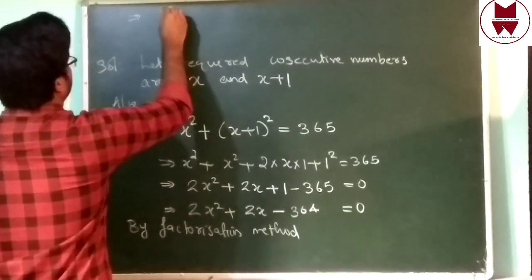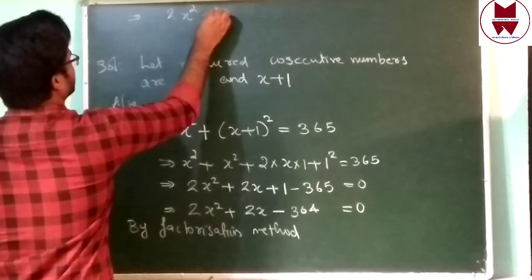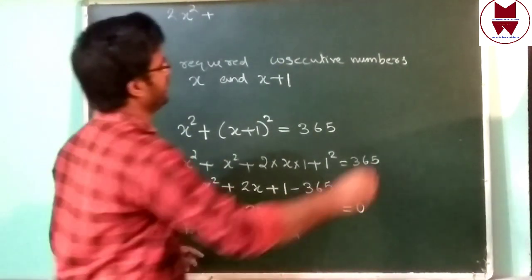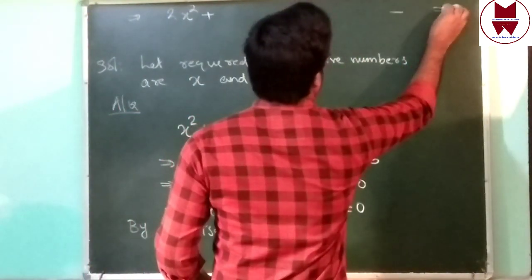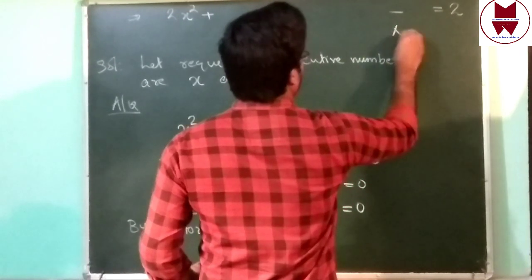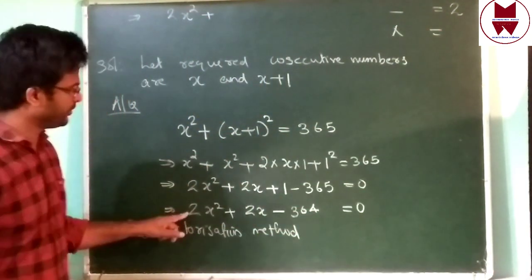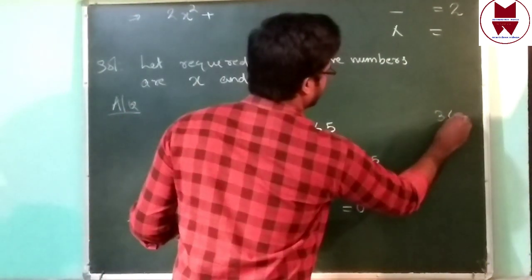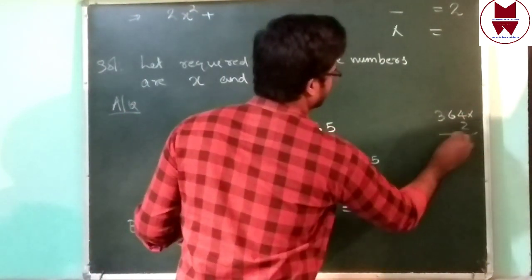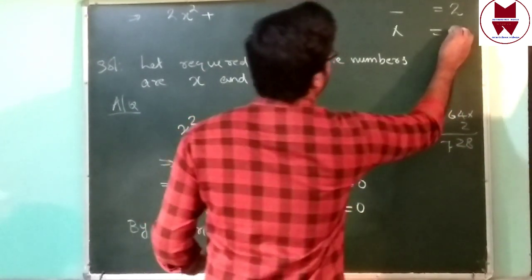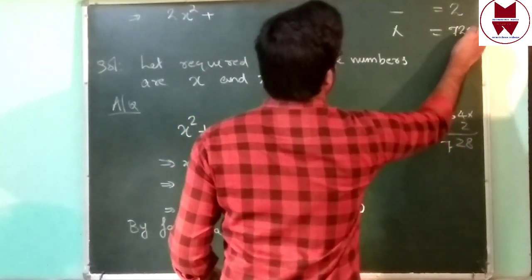2x square plus 2x minus 364. Here minus means when you subtract, we need answer 2. When you multiply, we need answer 364 into 2. How much? 364 into 2 is 728.